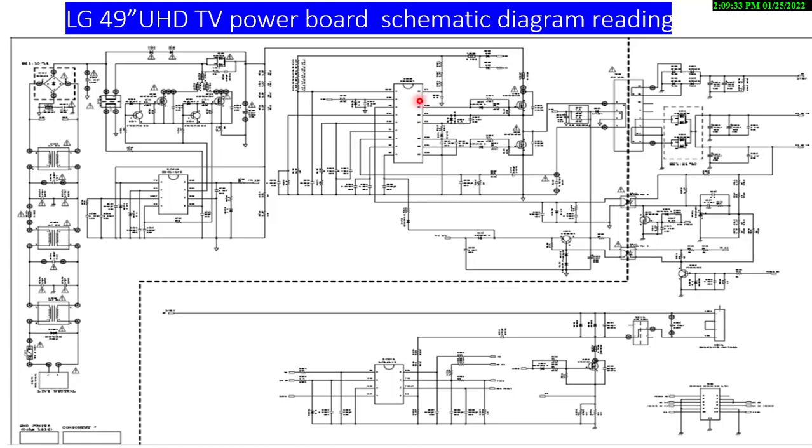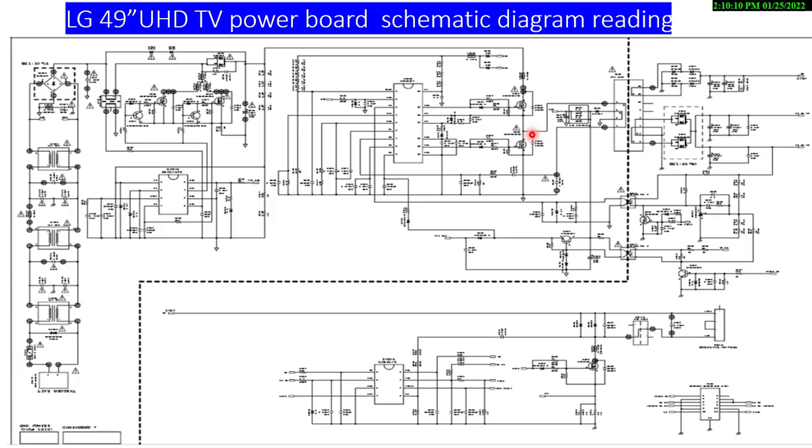So in this case, when these two voltages are input, this IC starts minimum working and outputs the voltage for two switching transistors here. These are fast switching transistors that receive the minimum voltage from the multi-IC and make a frequency by switching on and off, and that frequency is transferred to this chopper transformer.